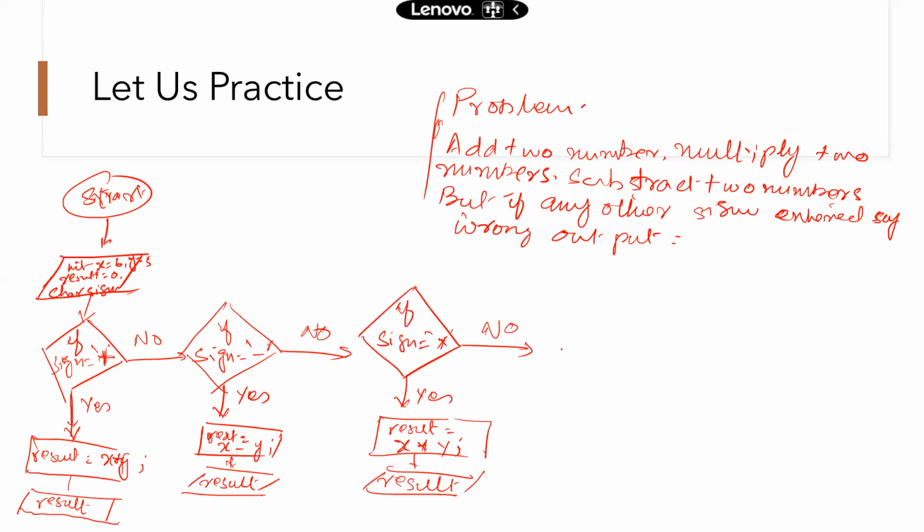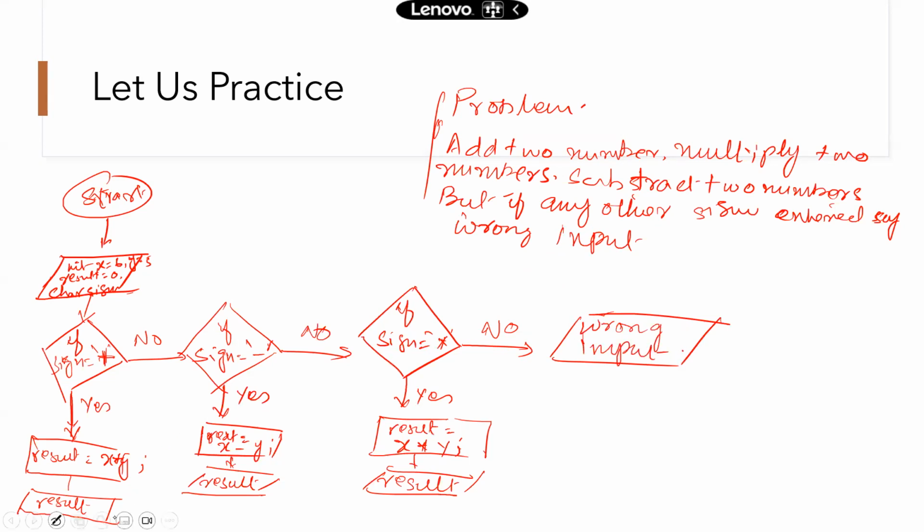If no, then there is a last option, which is, if any other sign is entered, say a wrong input. It's not an output, it's an input, right? So let me rub it off and just say that's a wrong input, right? And then if it's a no, we simply say as an output that this is a wrong input that you have.